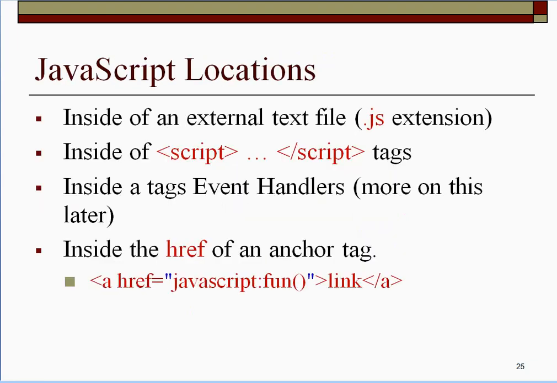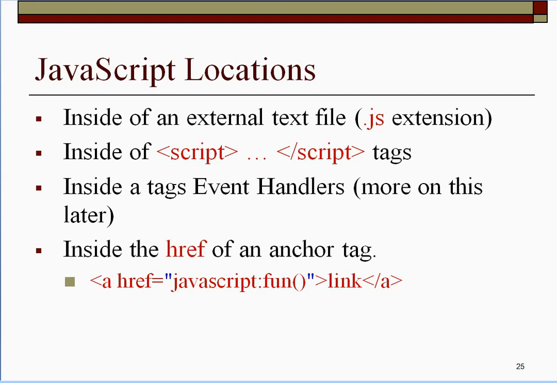JavaScript locations. Where do you put JavaScript? Well, you can embed it in HTML code, as we've seen already. You can put it in script tags inside the HTML document, as we have already seen. But you can also put it inside an external text file with a .js extension.